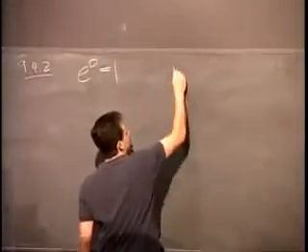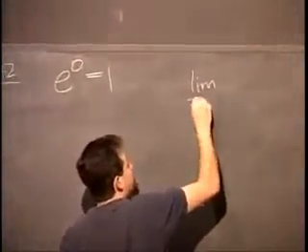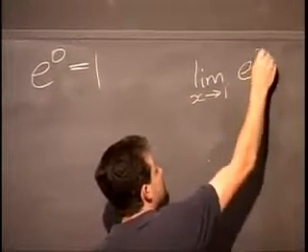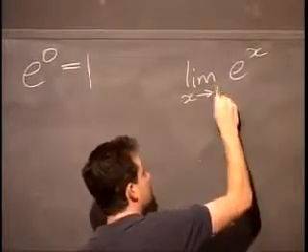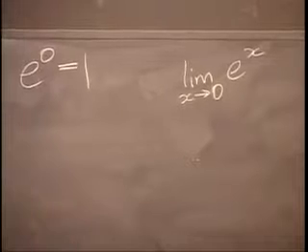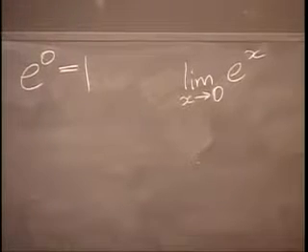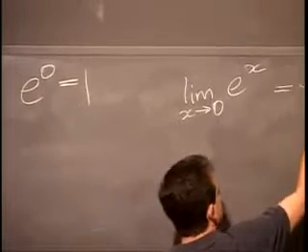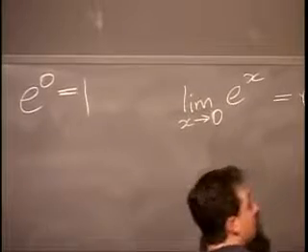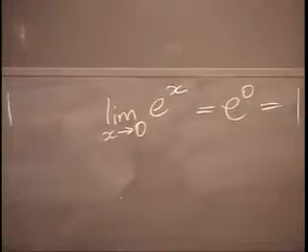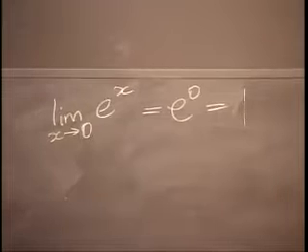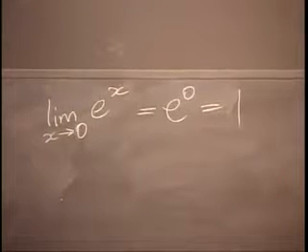Okay, so what's this? Limit as x goes to 0 of e to the x. Well, there's nothing tricky about this limit. You just use the continuity of e to the x, and that's the solution to that problem. So, e to the x goes to 1 as x goes to 0.